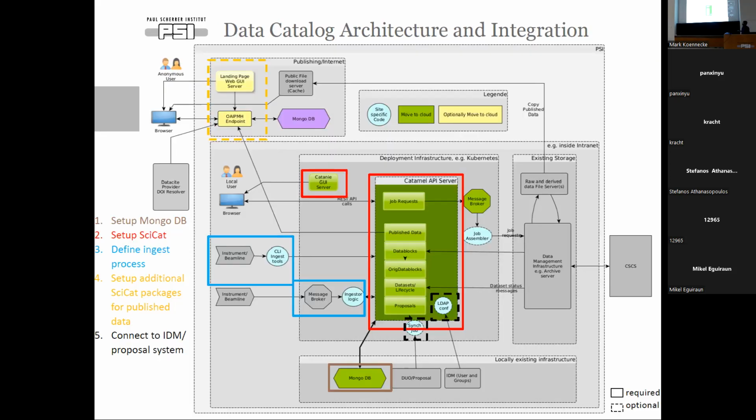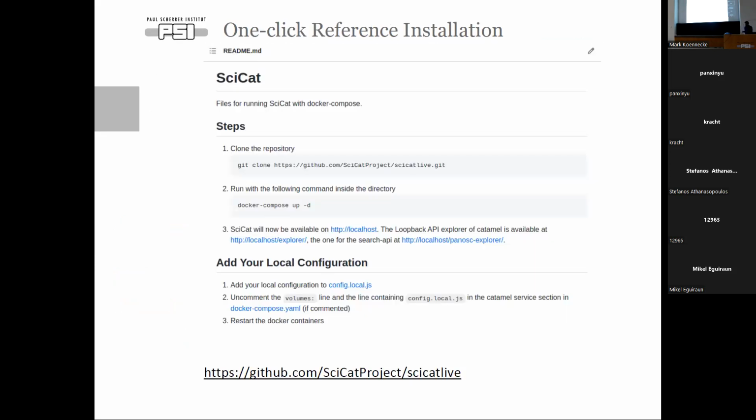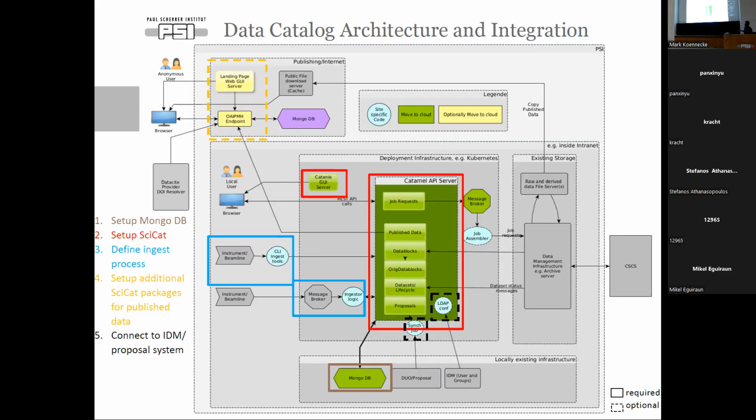They all come as a Docker container, so you can spin them up fairly easily. And there is a link here below which points to a GitHub repository which has a Docker compose, which basically spins up everything which is not dashed. So it would basically spin up the database, the backend, the front end, and it will fill the database with a set of pre-existing data.